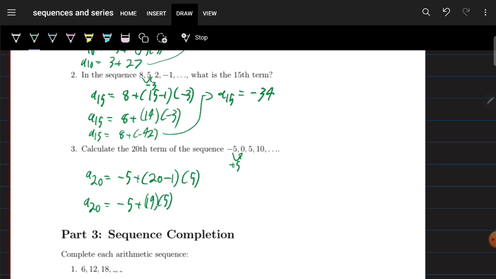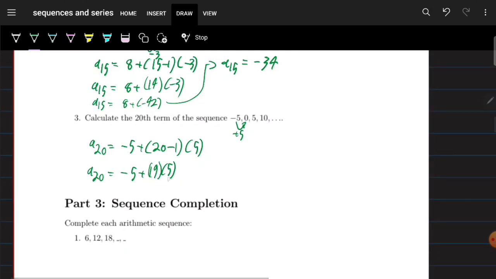And what is 19 times 5? That's the same as 20 times 5, 100, minus 5, so 95. So this is negative 5 plus 95. And so we should get a20 is equal to positive 90.